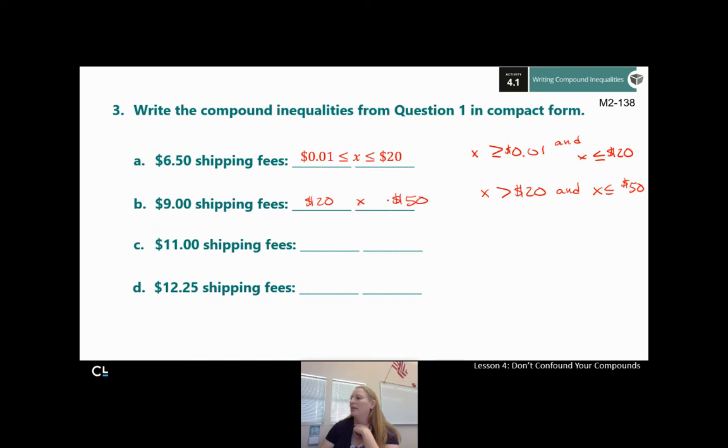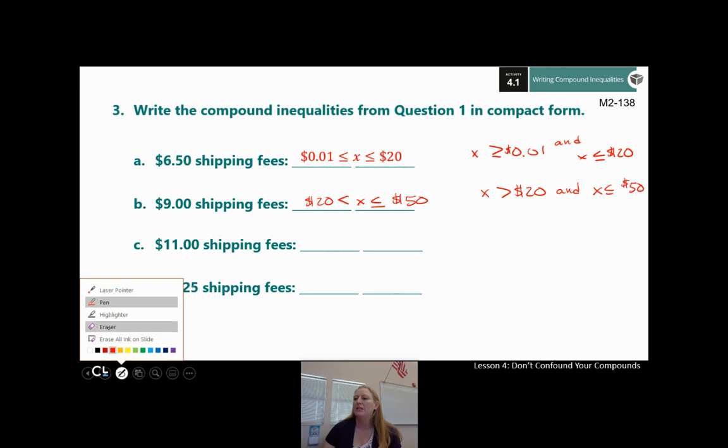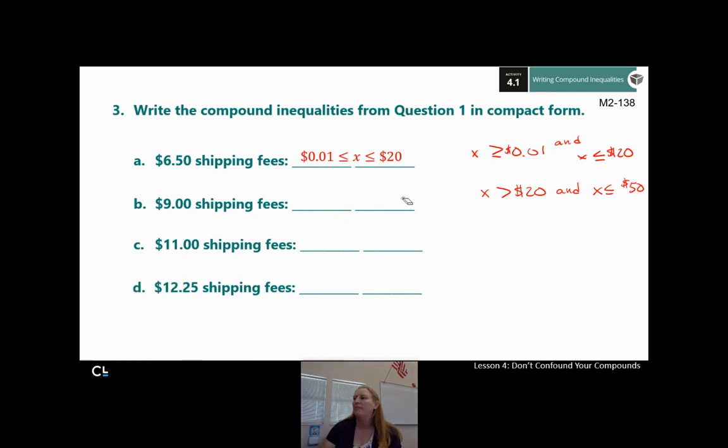We know that X is less than or equal to $50, but X is the bigger one when it comes to 20, so X is going to be greater than 20, so we'll write it like that. Again, I'm going to erase this so you have the pretty version up. That's much prettier.